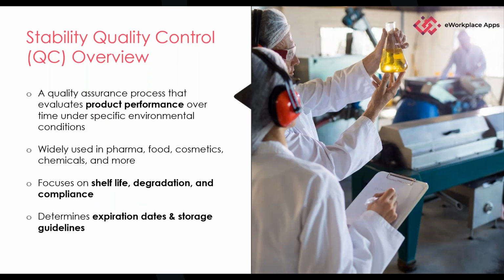It is designed to do that. We're going to talk a little bit about samples, but people retain samples, and then periodically they might test those. It's very widely used in pharma, food, cosmetics, chemical. Again, generally process industries, even chemicals, could be paint, etc. Or adhesives that over a few years are going to begin to degrade.